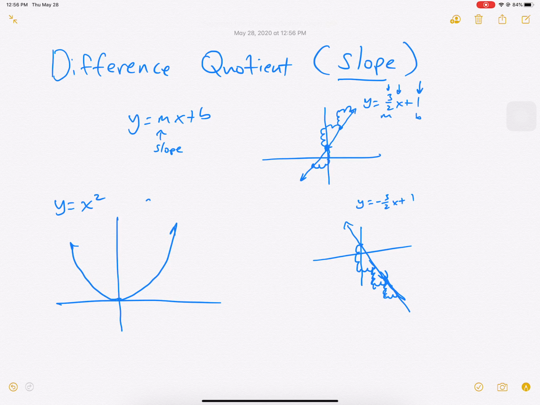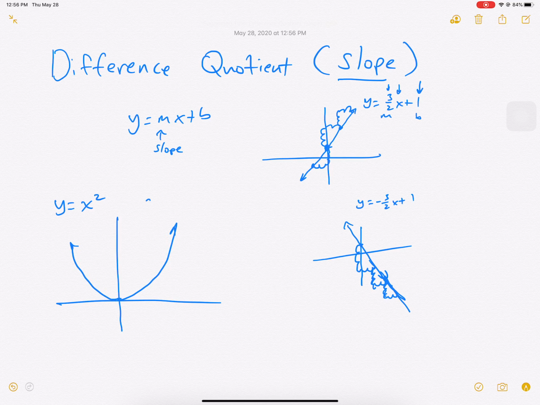X is 2, more positive, and the growth increases. We end up with a problem: there is no one slope. The slope is constantly changing. So how can I find out what the slope is? Is there an equation I can use, just like in slope-intercept form? On the left side, notice that the slope here would be negative. I'm actually losing value. The values are decreasing.